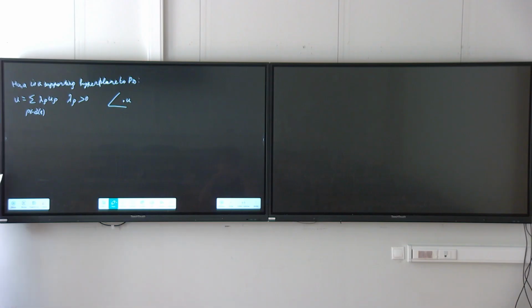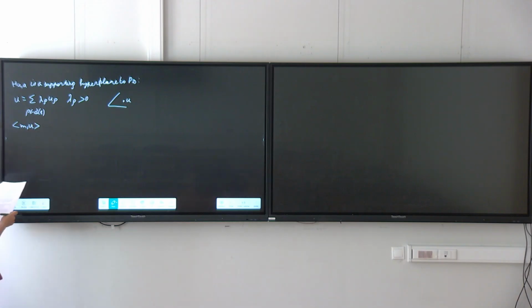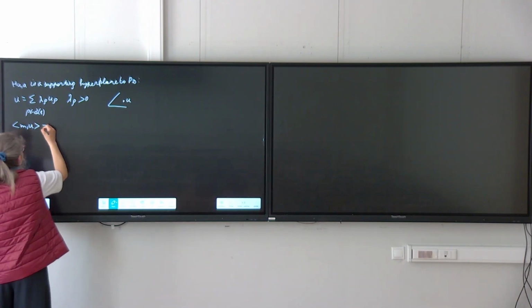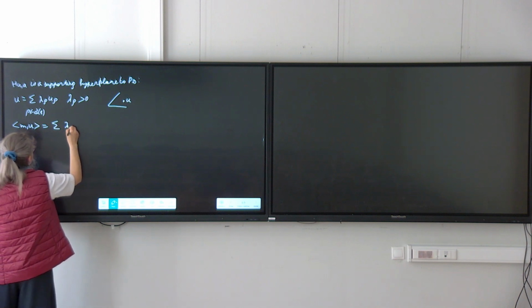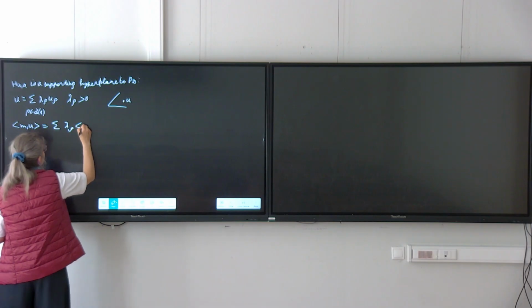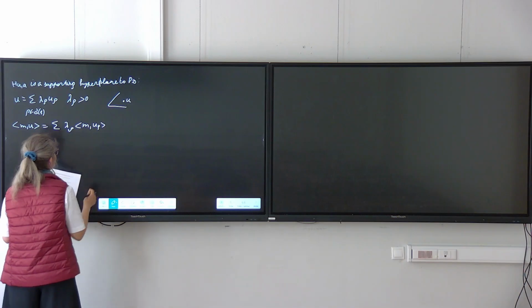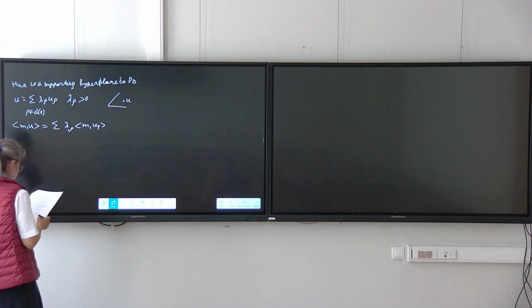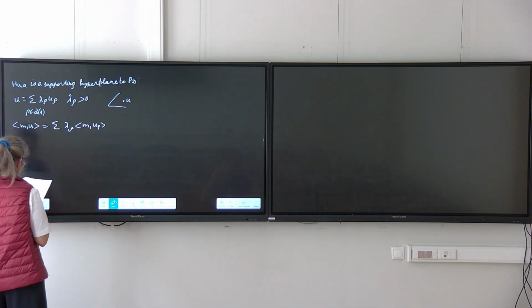Okay. Then what about M(U)? It will be the sum of lambda_rho M(u_rho), and we know that M is from P_D.